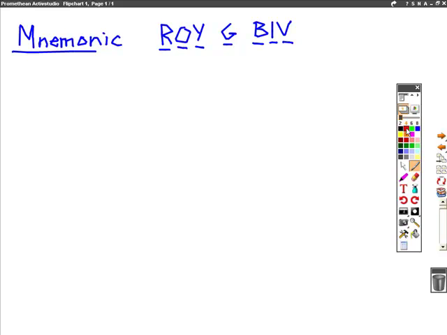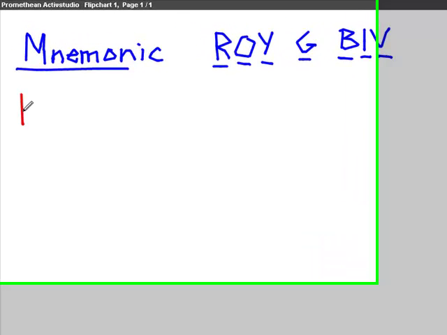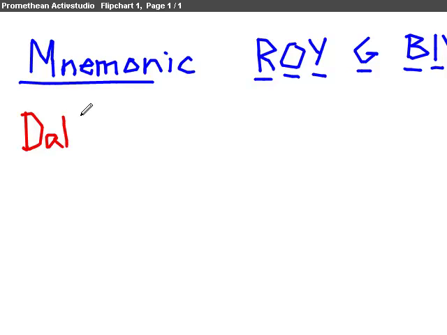So the first one that you need to know is about Dalton. Dalton, as you read in your PowerPoint, had three main parts of his theory. All matter is made up of atoms. Atoms are indestructible and cannot be divided into smaller pieces.